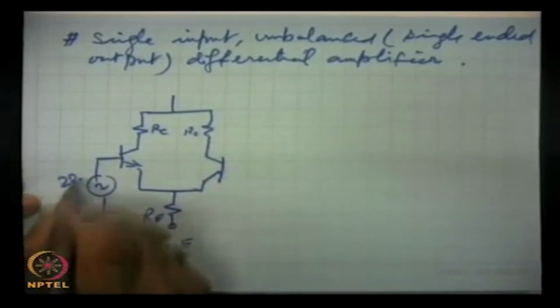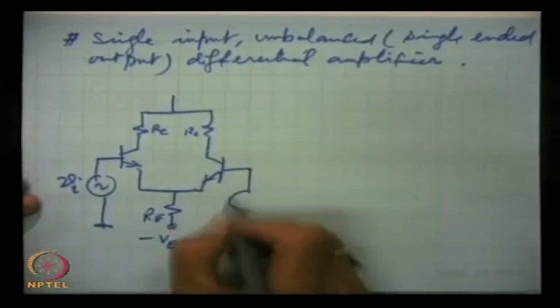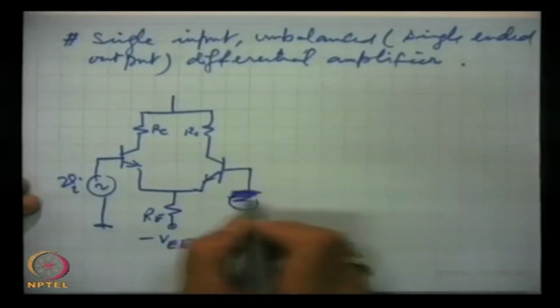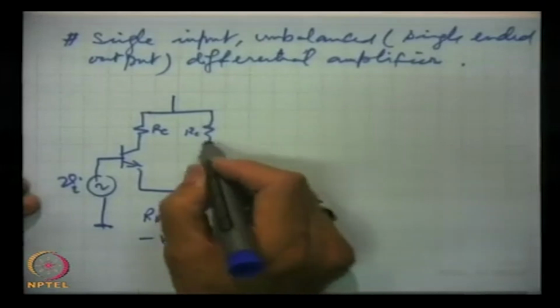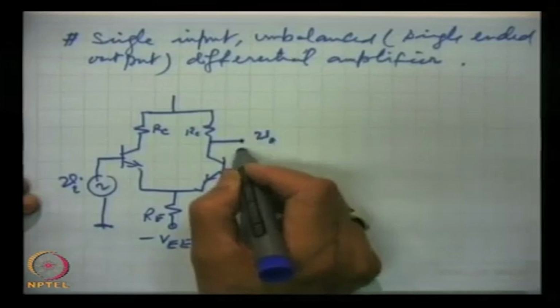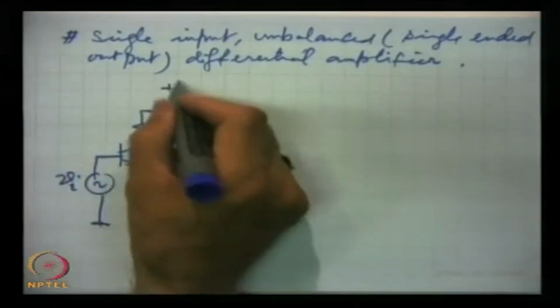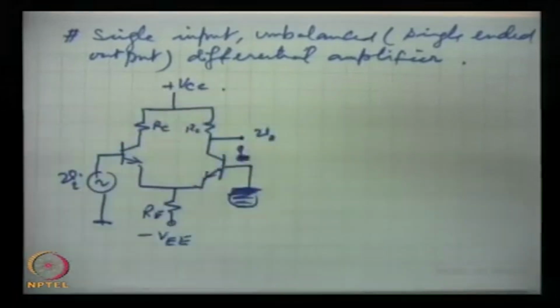This is the input signal, this is grounded, and output is taken from here, V out with respect to ground. This is the single ended unbalanced output.